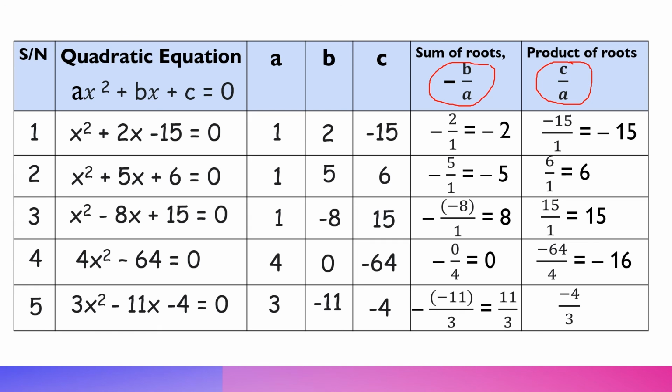All we did for each of them is to identify what our A is, what our B is, and what our C is, and then simply incorporate them into the applied formula. And that is what we did for each of the 5 examples.